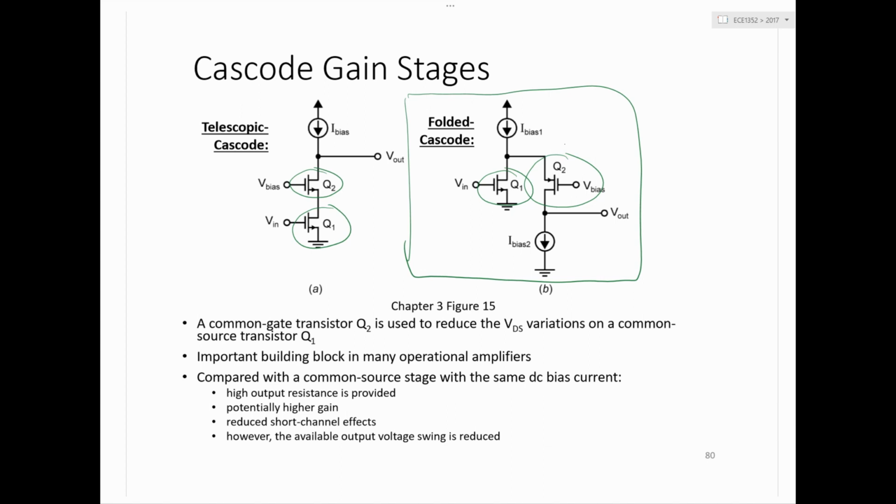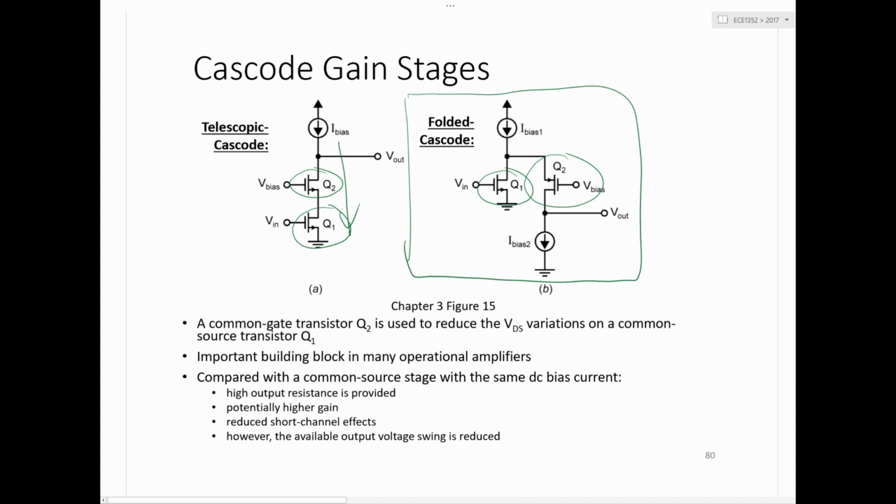So why might you prefer one over another? There are a few different reasons. One interesting difference to note is that in a telescopic cascode, both the common source and common gate transistors share the same bias current.